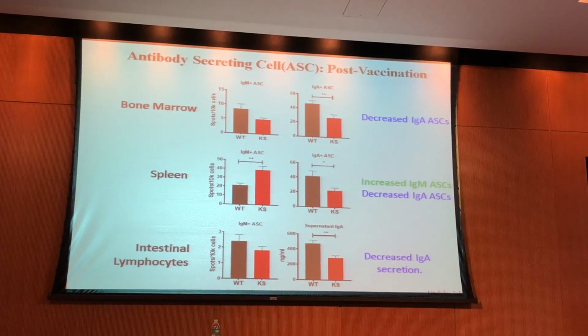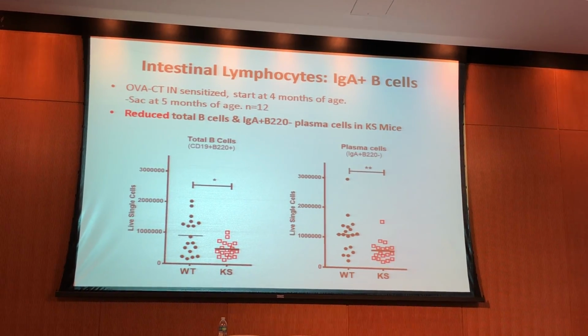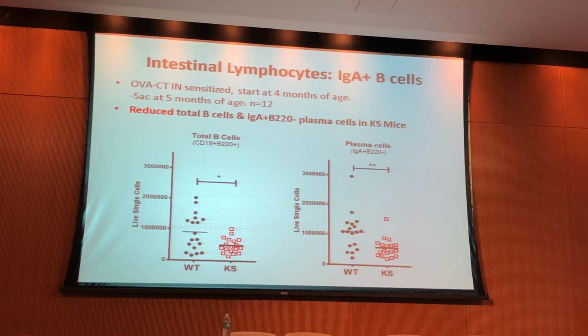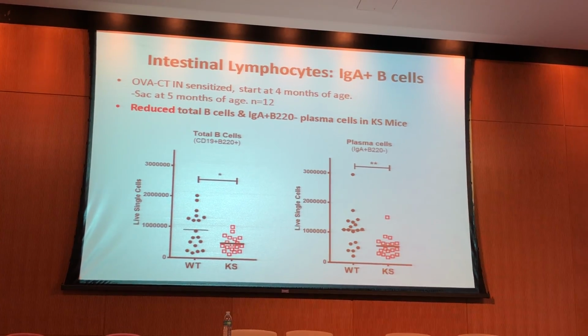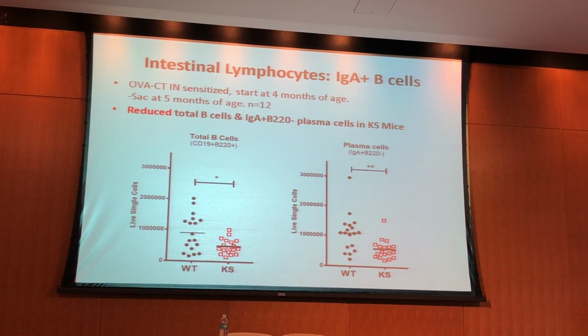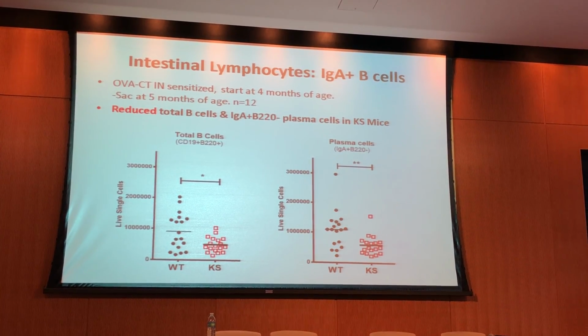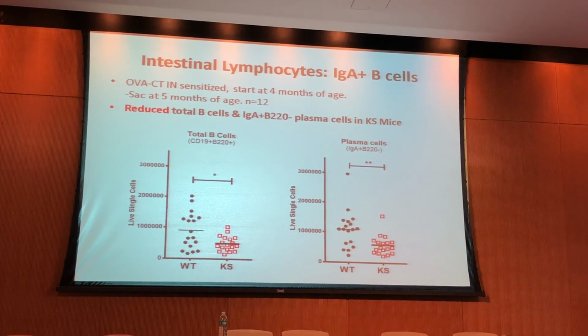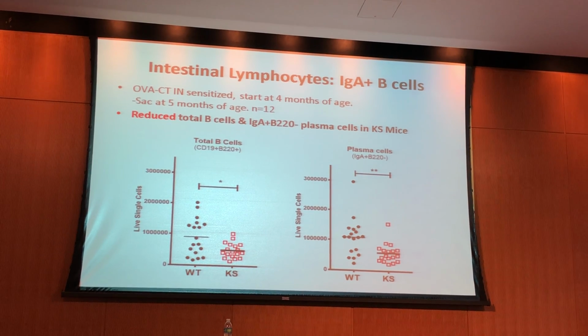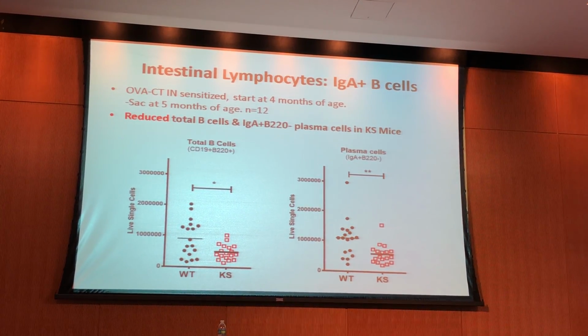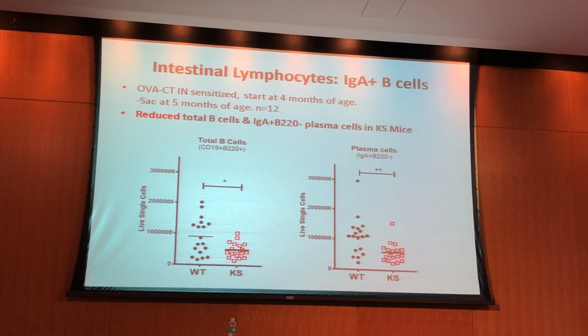We also then looked in the intestines at a very important type of cell called the plasma IgA cell. Those are the cells that pump out IgA and protect the gut, and it's one of the most IgA-rich parts of the body. We found that the plasma cells that make the IgA in the intestine are reduced in the Kabuki mice, and in general they just have fewer B cells in the gut.